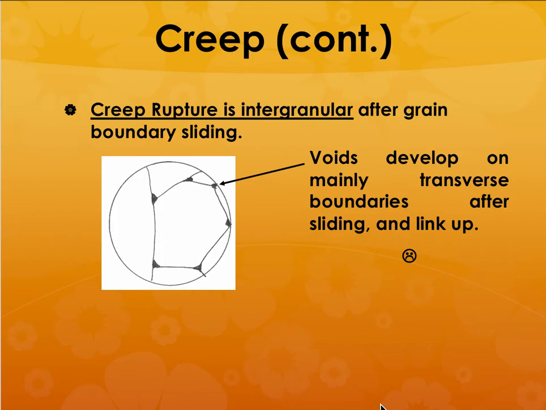Okay. So again, what is actually happening at a microstructural level in creep? When creep processes are active, as I said to you, it is a diffusion controlled process. So atoms are going to be just going all over the place. When that happens, there is extra stress being put at the corner of the grains.